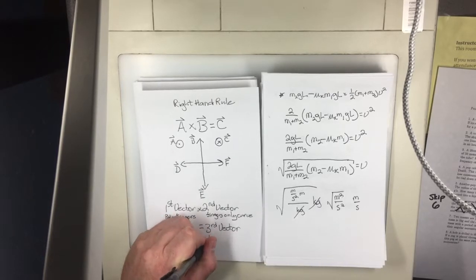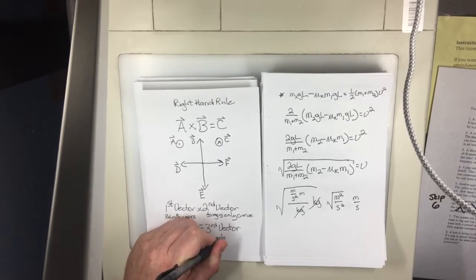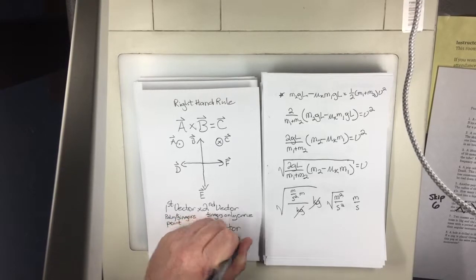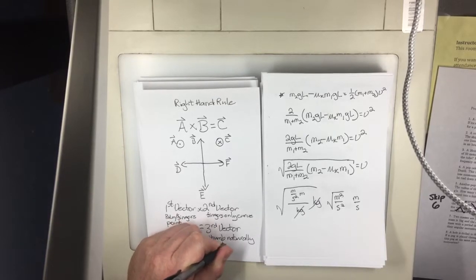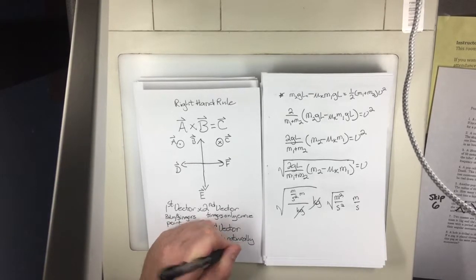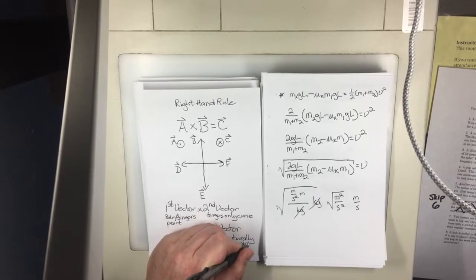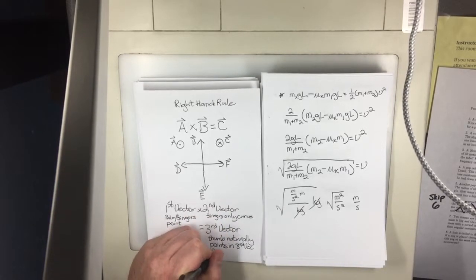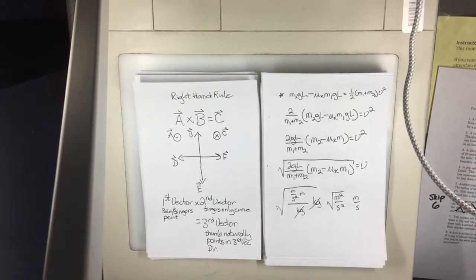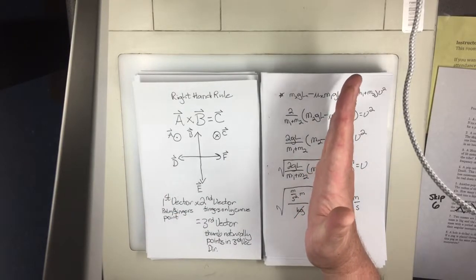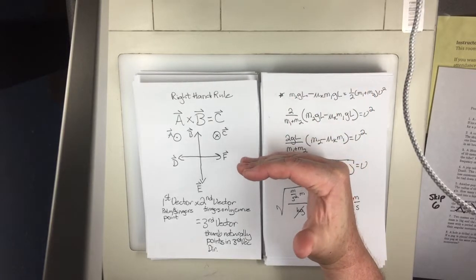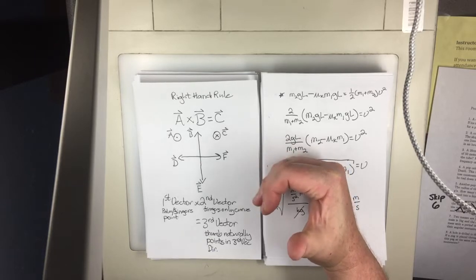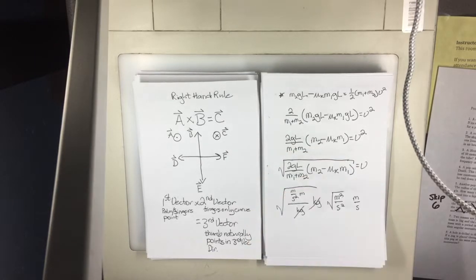The third vector is thumb naturally points in the third vector's direction. So the first vector, let's say it's in this direction. Second vector, that direction. The thumb naturally points at the camera. First vector, let's say, is towards the ceiling.